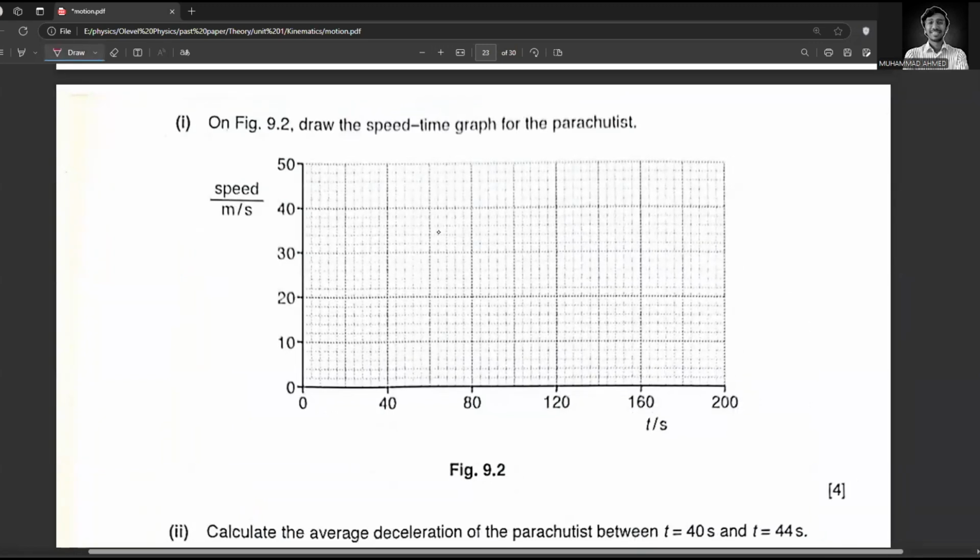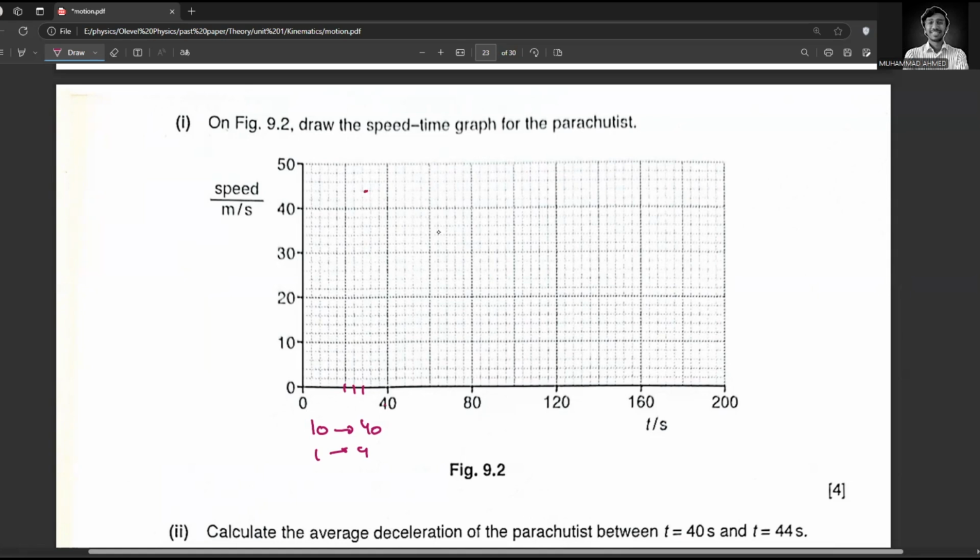On the x-axis, you have 10 boxes that cover 40 units. One box will cover 4 units. This is 20, 24, 28, 32. This will be somewhere between, and this will be your 30.